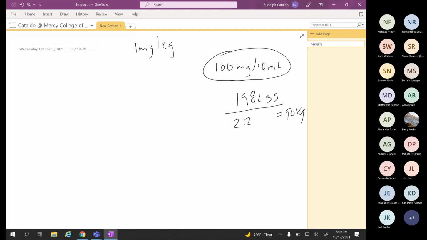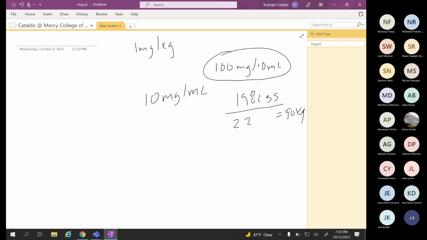What's 100 divided by 10? 10. Okay, so that means that there are 10 milligrams per mL. And I have 90 kilograms and I want to give 1 per kilogram. So how many milliliters do I need to give to equal 90? Should be 9. Yeah.